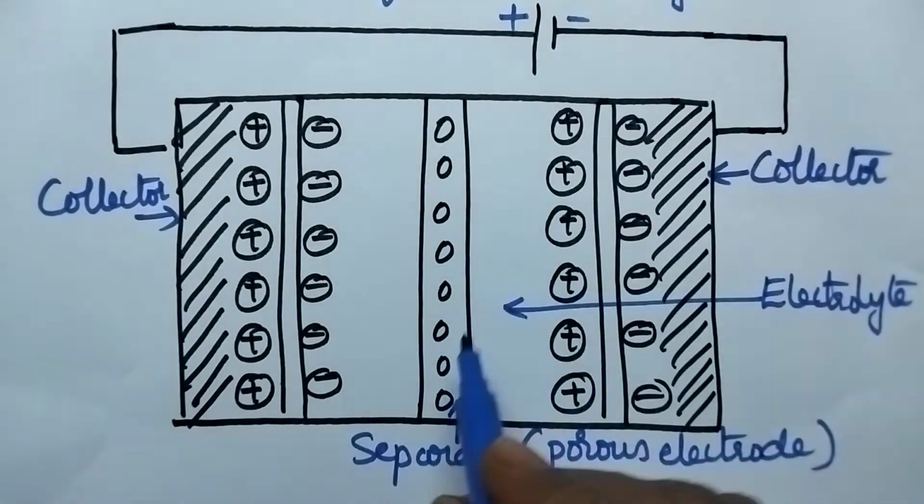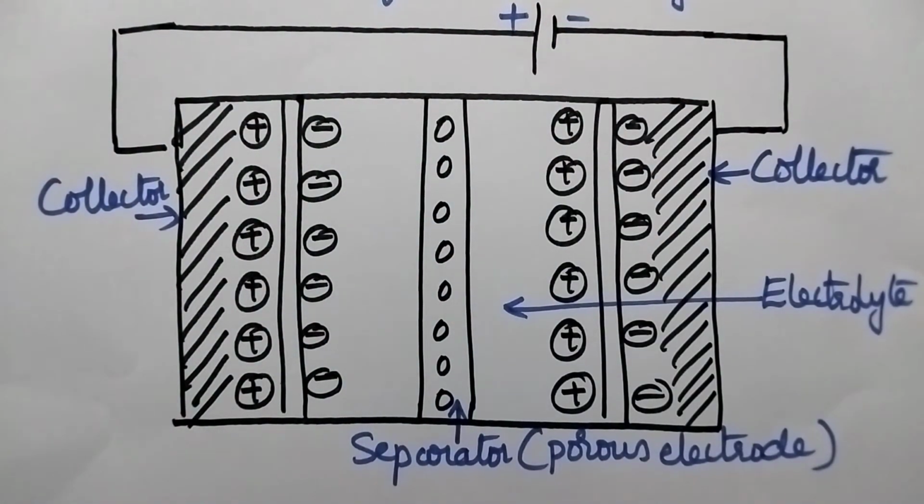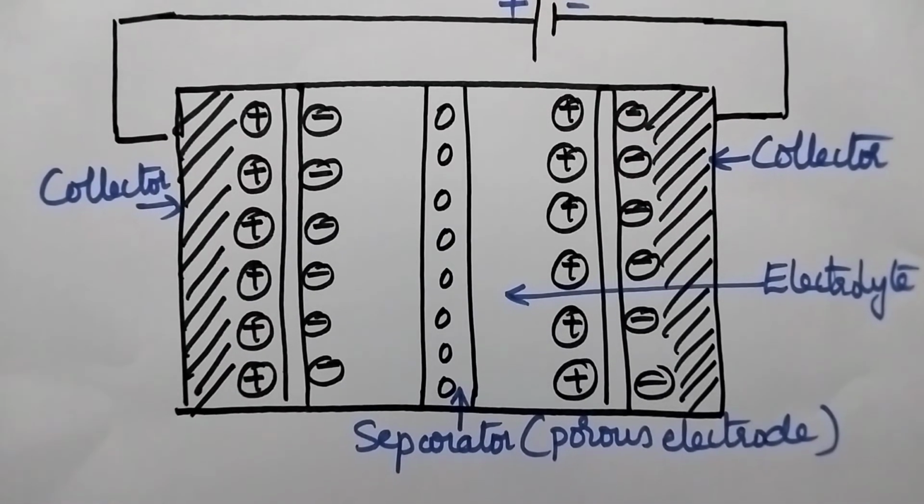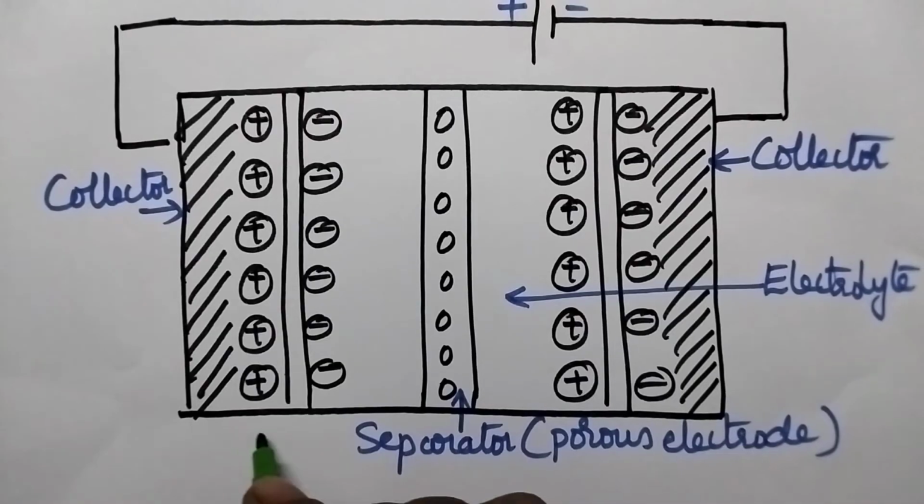Whenever this collector is connected to the battery, it results in the formation of an electronic double layer.